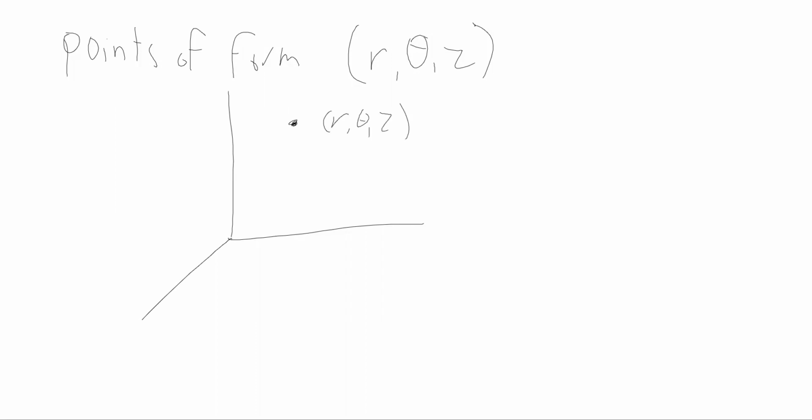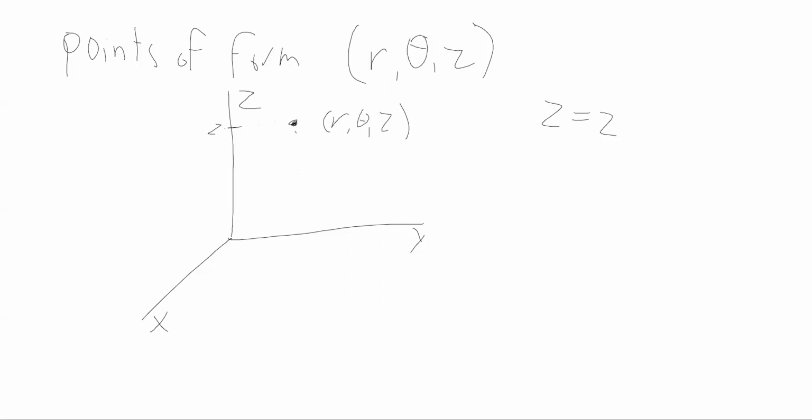Suppose that's our point r theta z. So z is just the normal z from rectangular coordinates, right? It's just how far along the z-axis we go. And r and theta are going to work exactly like they do in polar coordinates.